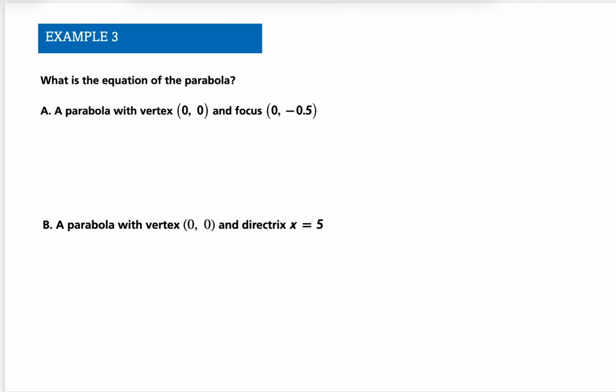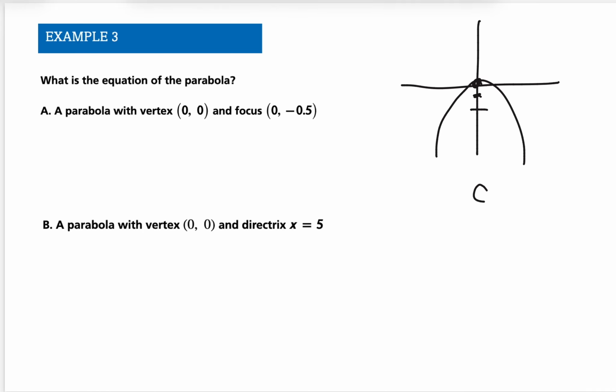So the next example, what's the equation of the parabola? So again, I might sketch a little picture here. A parabola with a vertex at (0, 0), and my focus is at (0, -0.5). So that means (0, -0.5) is going to sit right there at the halfway point. And that tells me automatically that my parabola opens down.